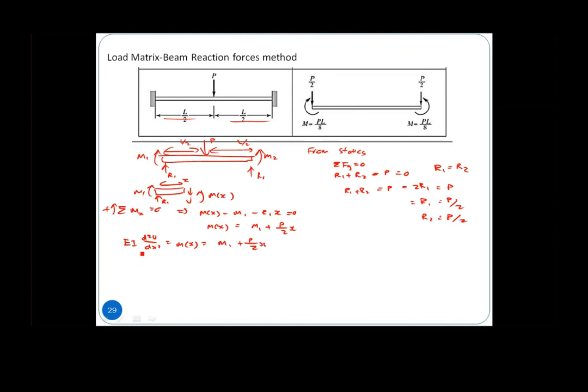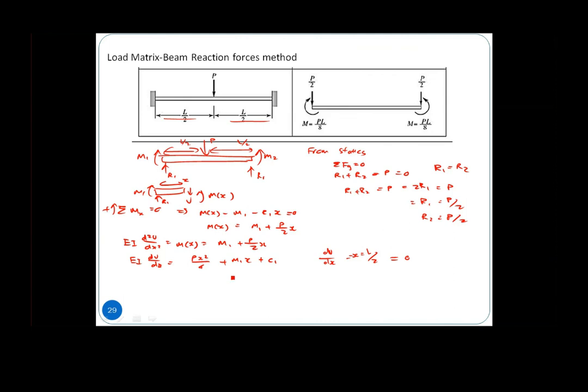If I find my rotation theta, we have dv/dx, so EI dv/dx equals P x squared over 4 plus M1x plus C1. Of course, dv/dx when x equals L over 2 is 0, because the slope at this particular maximum is 0.